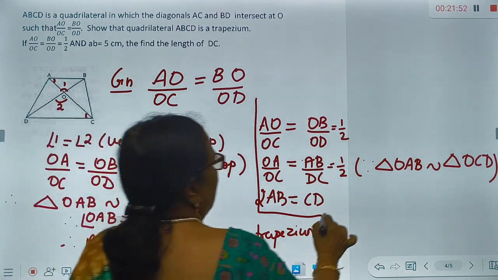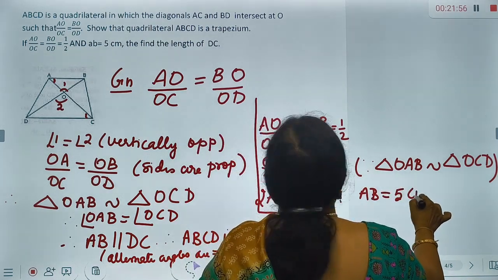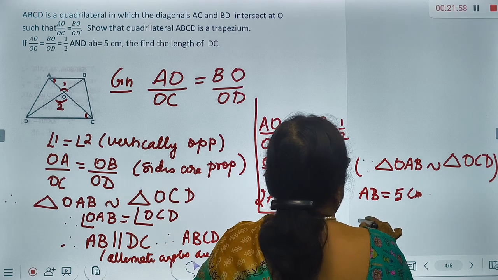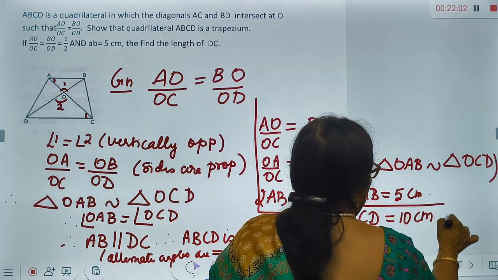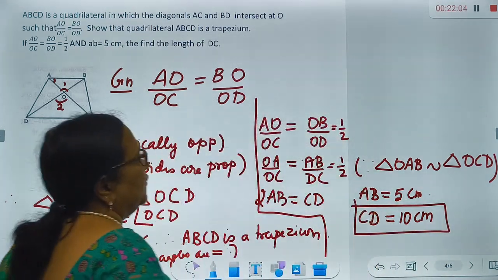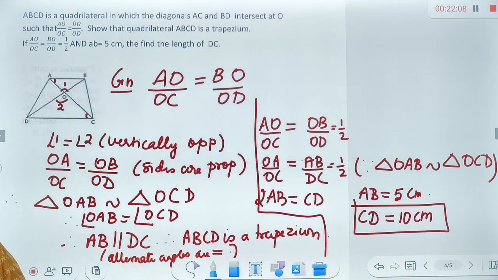AB is 5 centimeter, so the length of CD will be 10 centimeter.